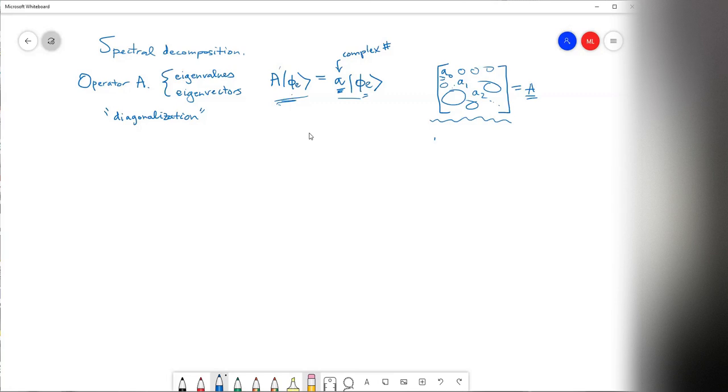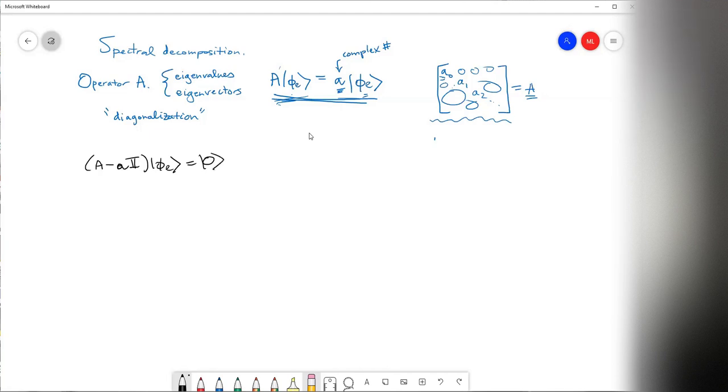And the way you solve it, you just use the definition. To find the eigenvalues, you would take A minus little a times I. That's just rewriting this equation: A minus a I acting on phi E has to give you the 0 null vector.